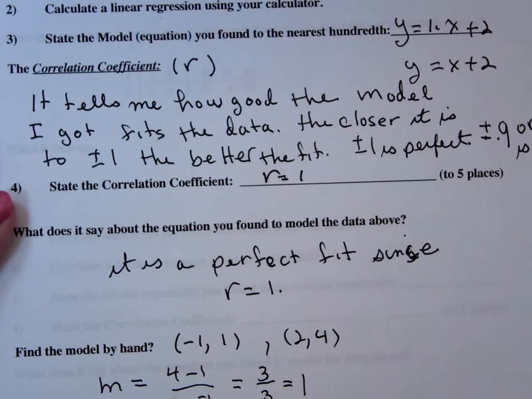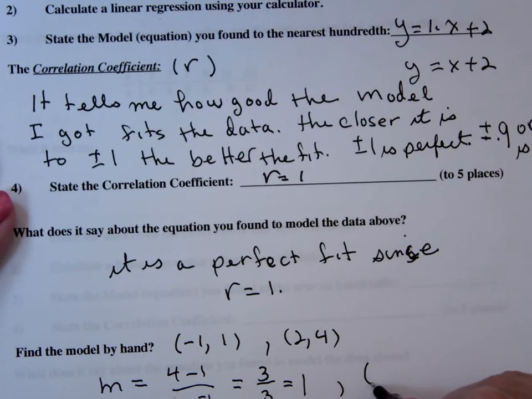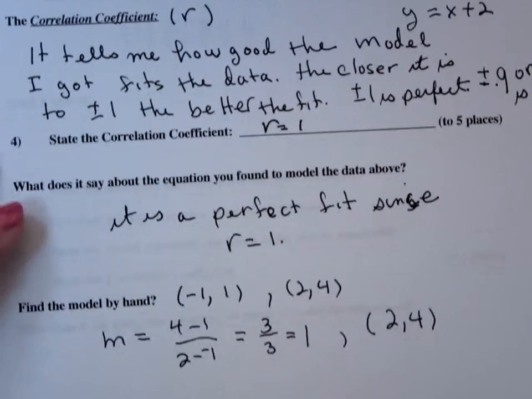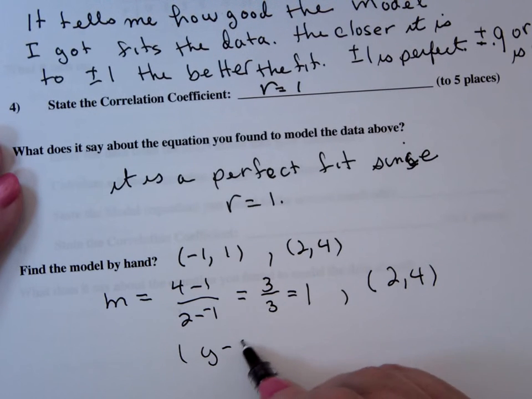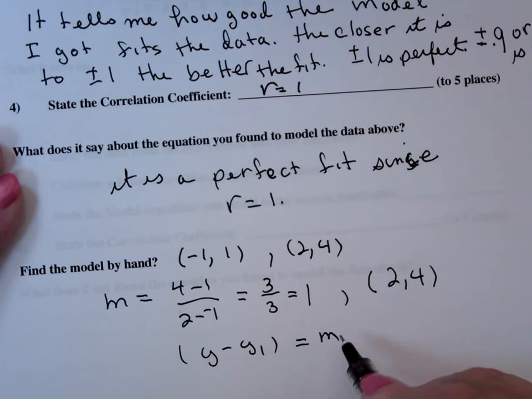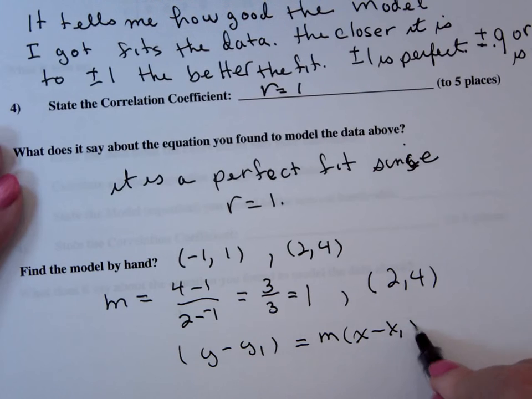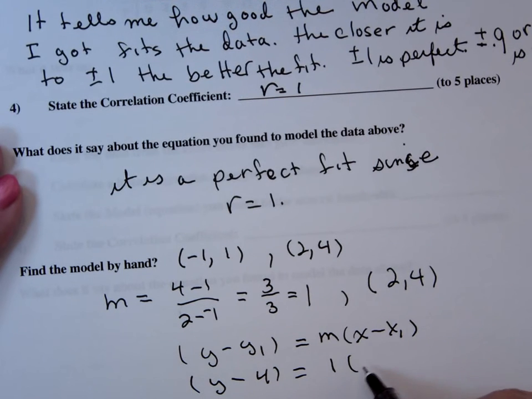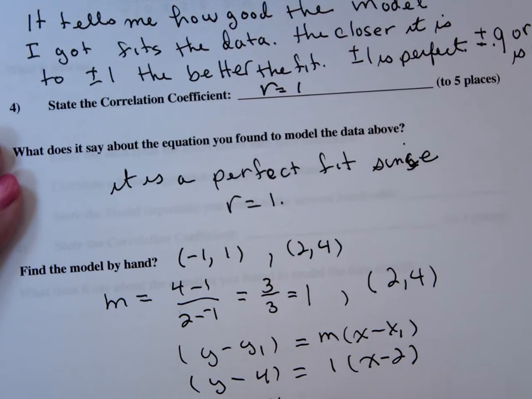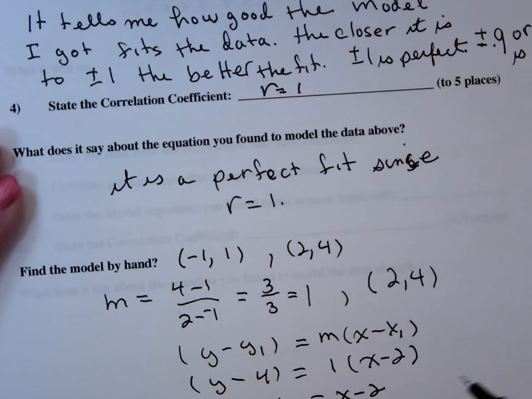I have the slope and a point. I'm going to pick 2, 4, because it has no minuses in it. I can find the equation of the line. Y minus y1 equals m times x minus x1, or y minus 4 equals 1 times x minus 2. Y minus 4 equals x minus 2, or y equals x plus 2.